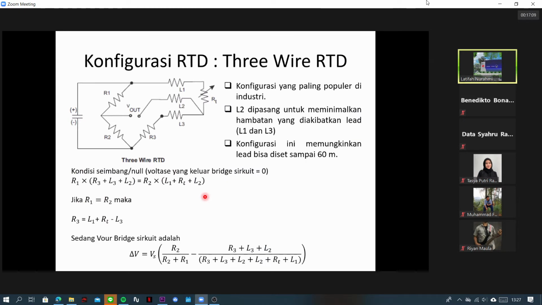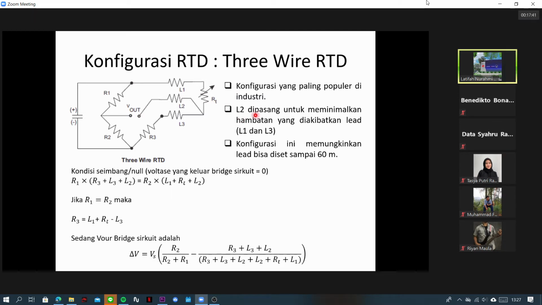How about RTD by using three wires? RTD by using three wires is almost the same as before. It's just that we have three wires here, replacing the second wire. So we have L1, L2, and L3. And we always have this RT. This configuration is quite well known in the industries.